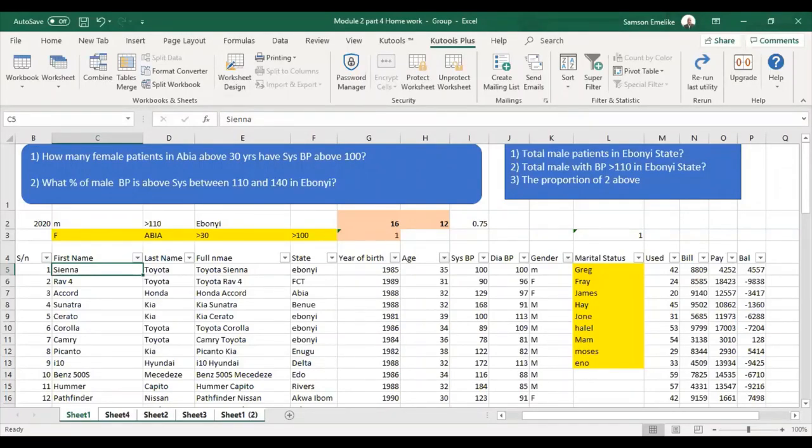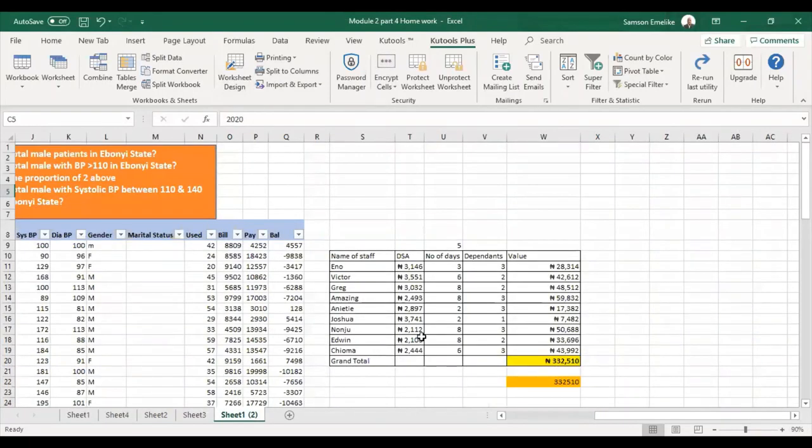So what I'm trying to say is that even Excel does not have all the solutions to the problems you will be encountering in your workplace. When you practice and create problems from your workplace to see how you can solve them with Excel, you ask, and we will be able to tell you, well, Excel does not have that.